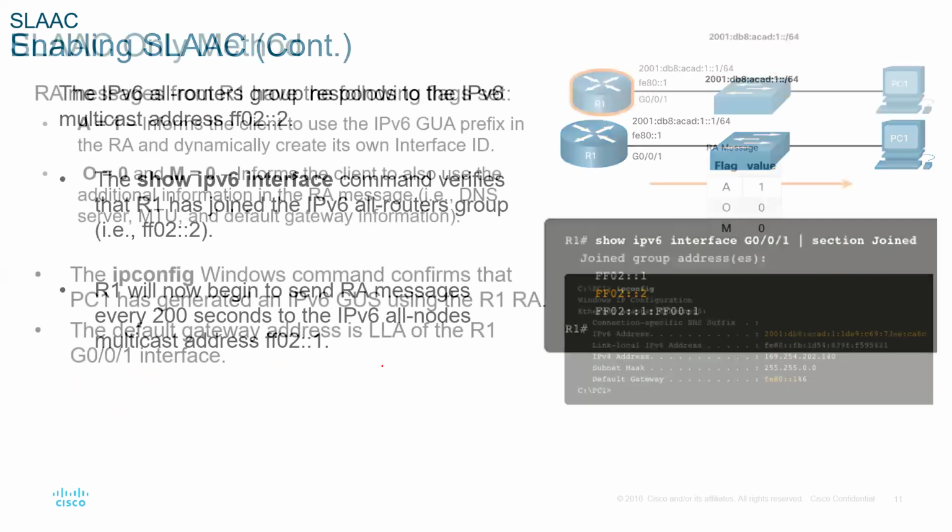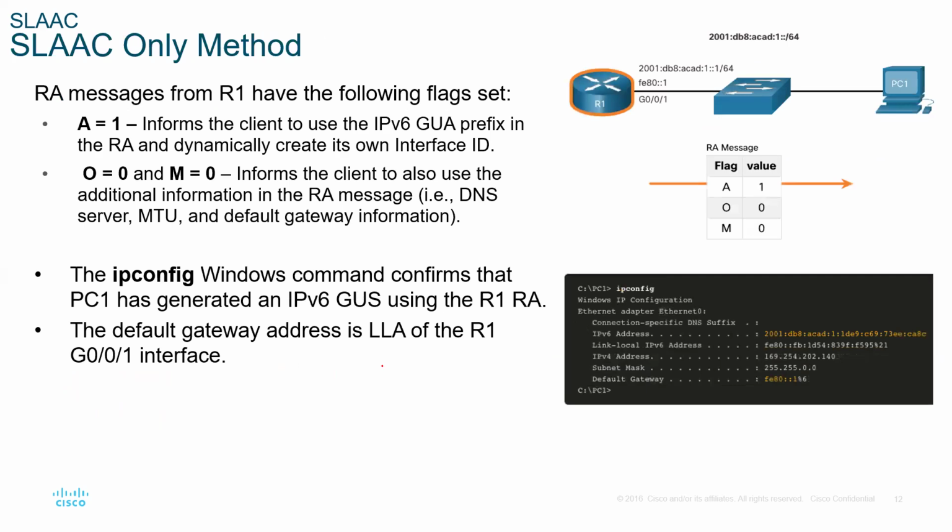Right. SLAAC only method. RA messages from R1 have the following flags. I think we've discussed this. If we have SLAAC only, it means our A, our O, our M, this is a 1, this is a 0, this is a 0. That is basically what SLAAC means.